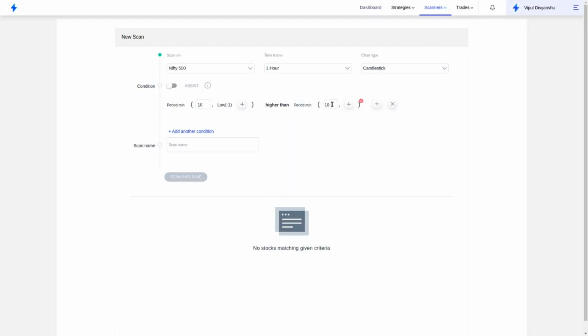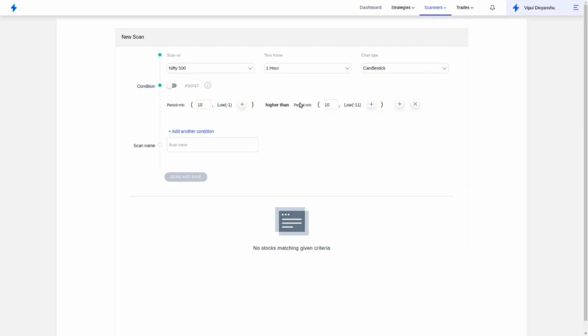Again I want it for 10 candles, but a lower low should have been formed with an offset of -11, which basically means skip the first 10 candles, because this already is calculating the lower low of the first 10 candles. Before that, in the previous 10 candles, what was the lowest low formed?